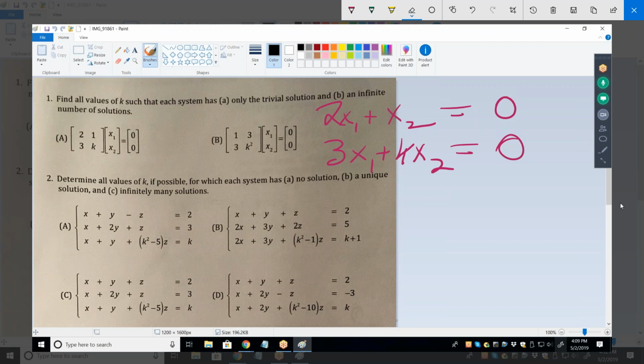So, if we try to solve this, we can eliminate the x variable if k is 3/2. Well, let's talk about this for a second. Take x plus y equals 10 and 2x plus 2y equals 20.